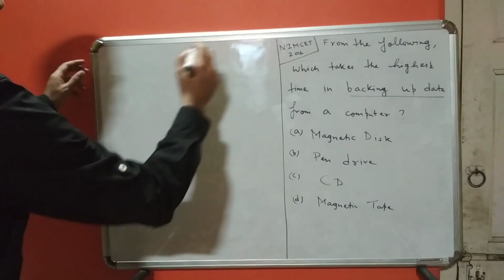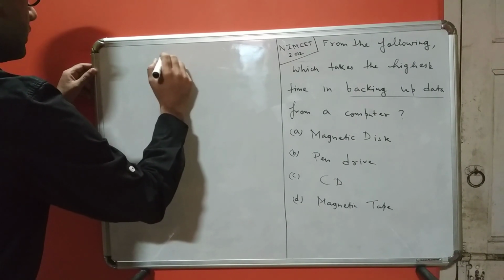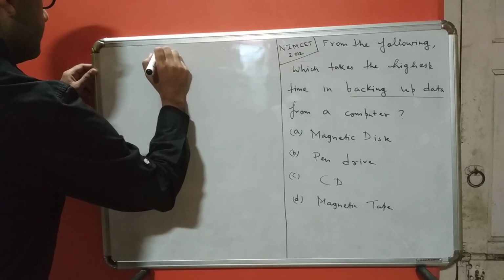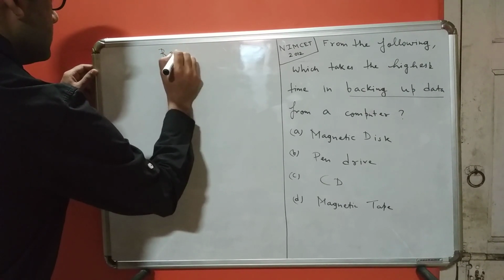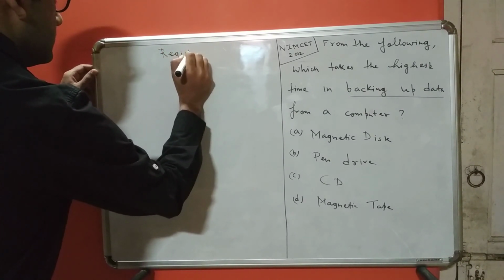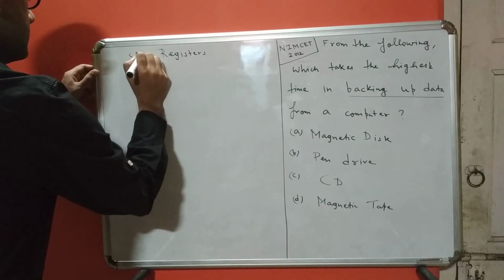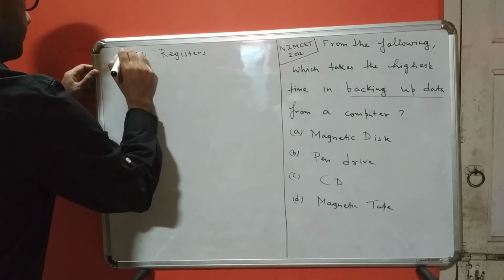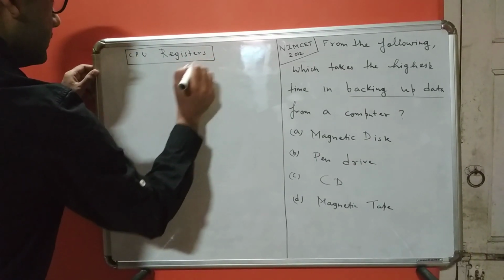So let's just look at the hierarchy. There's a hierarchy for the storage structure that we generally use. Right at the top is registers, by which I mean CPU registers.